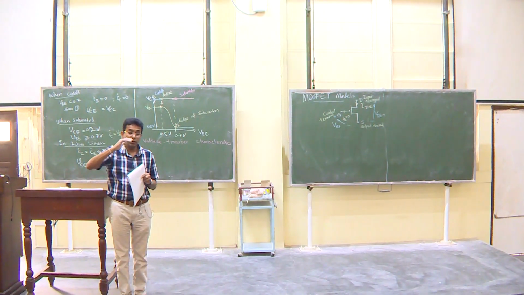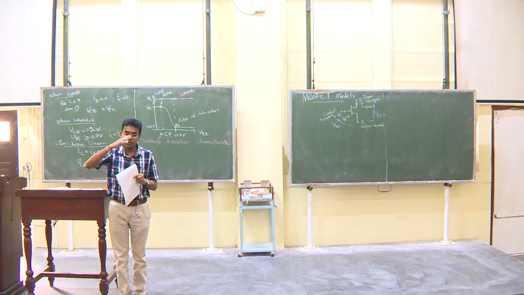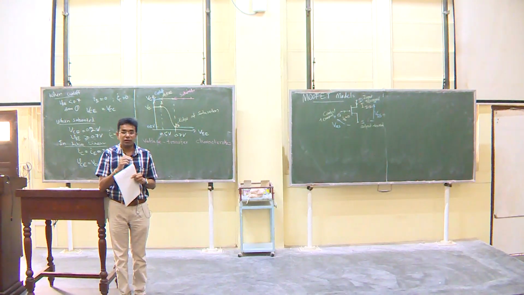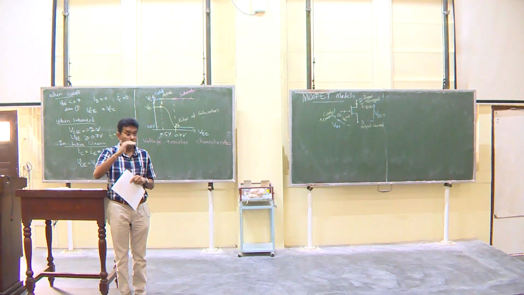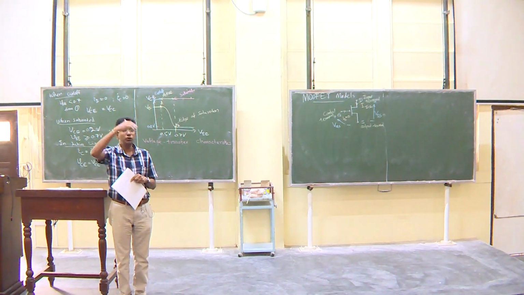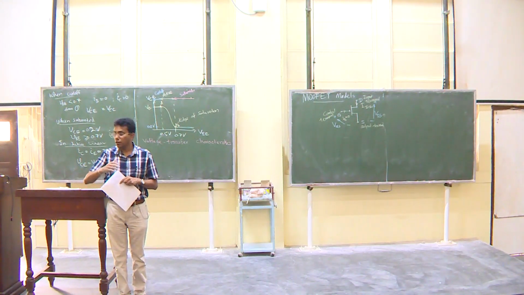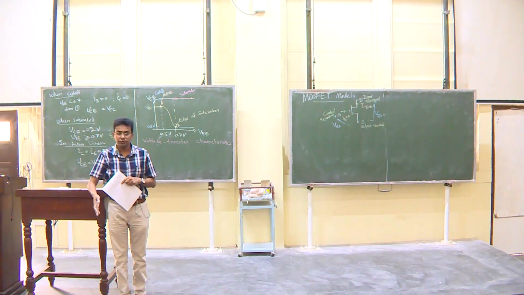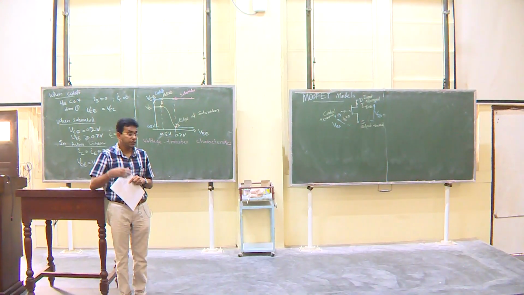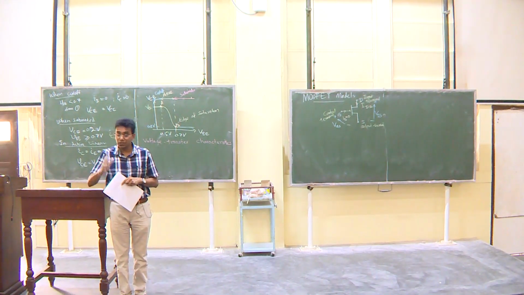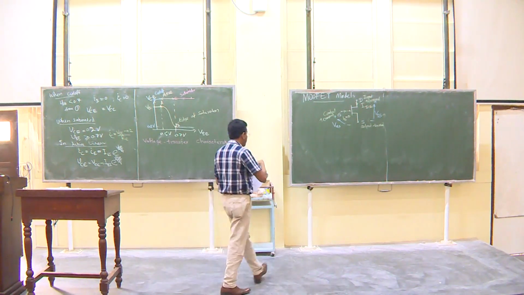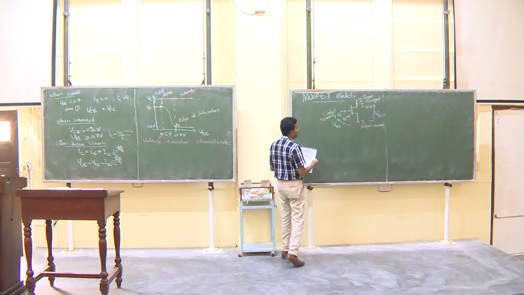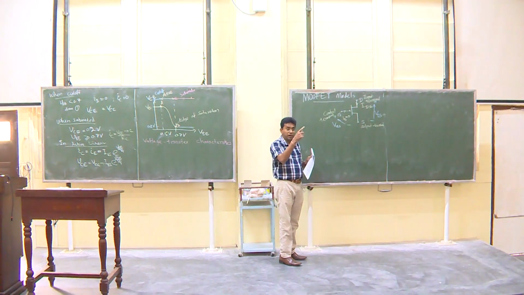When VGS is less than a threshold voltage, it is an open switch. When gate to source voltage is above this threshold voltage, switched on, there will be a current. Current will be determined by the external circuit. So, it is a switch, right. So, that is the simplest possible one. So, we basically have a control terminal and a switch.